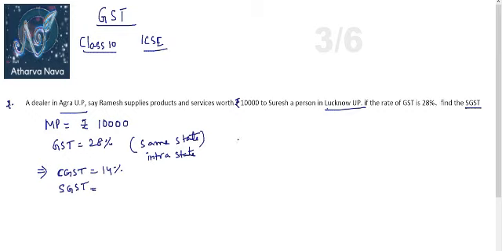The word intra-state is not mentioned in the question; you have to analyze by looking at it. If it is intra-state, then you write CGST and SGST, 14% each. This 28% is divided into two equal halves, 14% each for CGST and SGST.